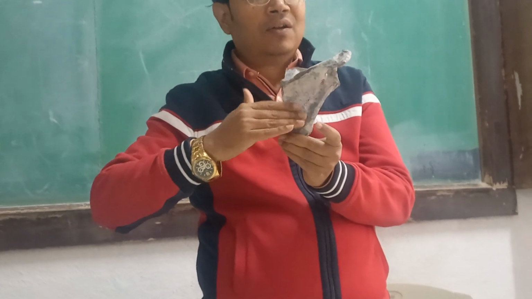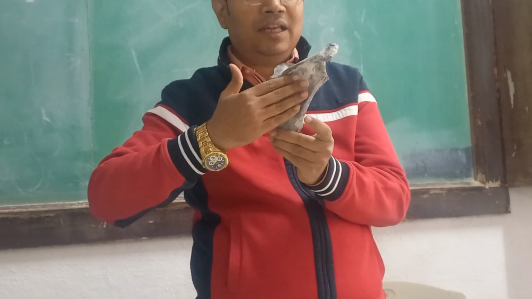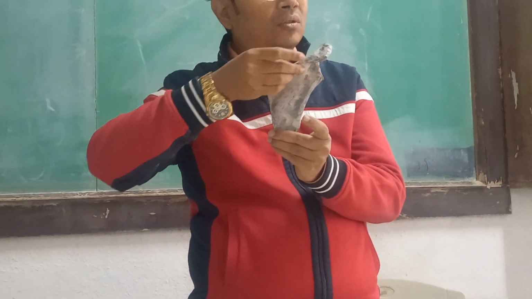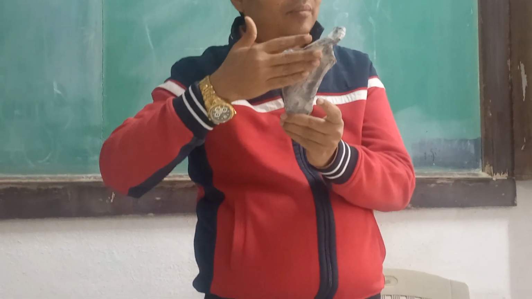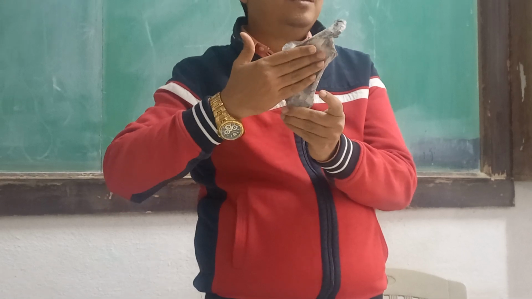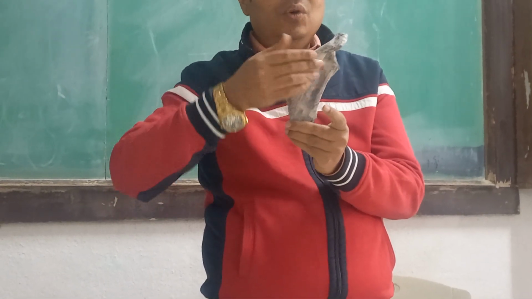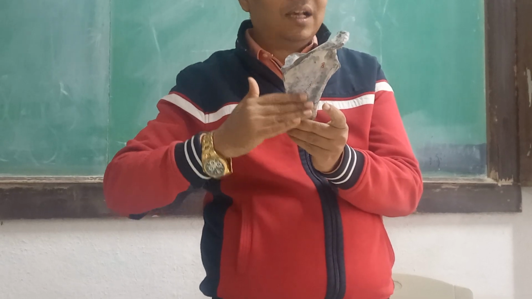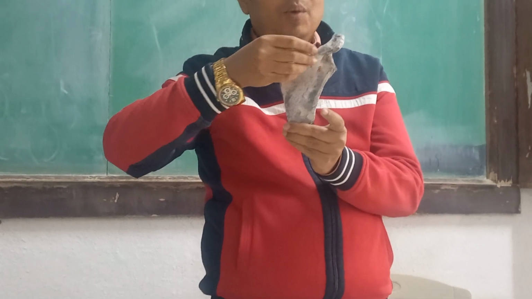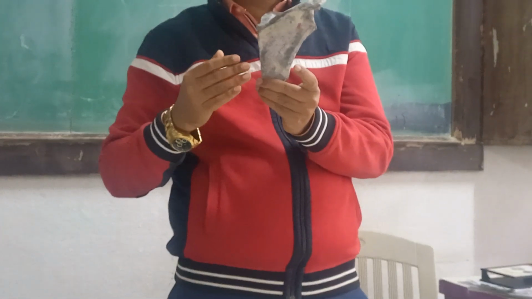The inferior fossa is called the infraspinous fossa because it is below the spinous process. Here the term sub is less used, infra is more used. Above the spinous process is the supraspinous fossa.